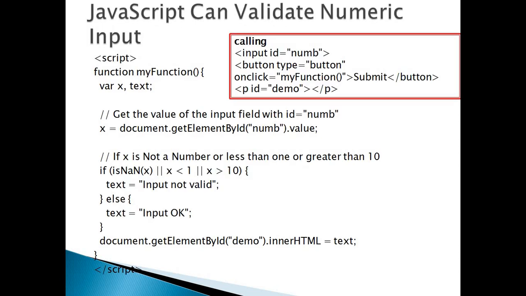Next, JavaScript can validate numeric data. That means, as I am saying, if you want to enter a numeric value, then for that purpose you can make a function like this. Simply get the element by ID, the ID name, and dot value. You will simply check if it is null, that means undefined, or it is less than 1 or greater than 10. This is the symbol of OR.